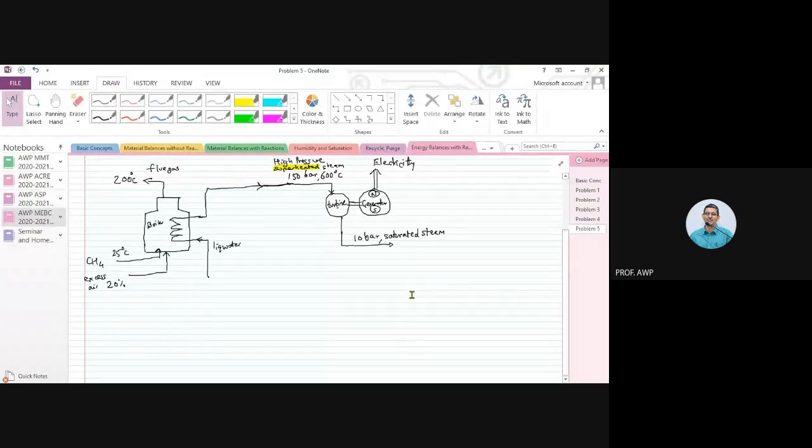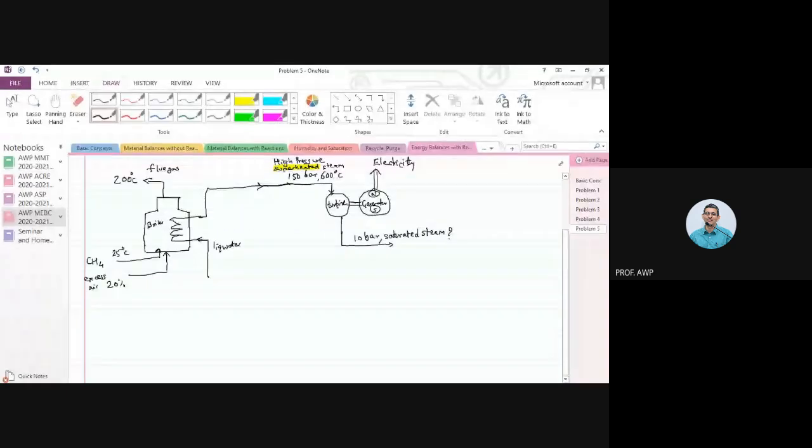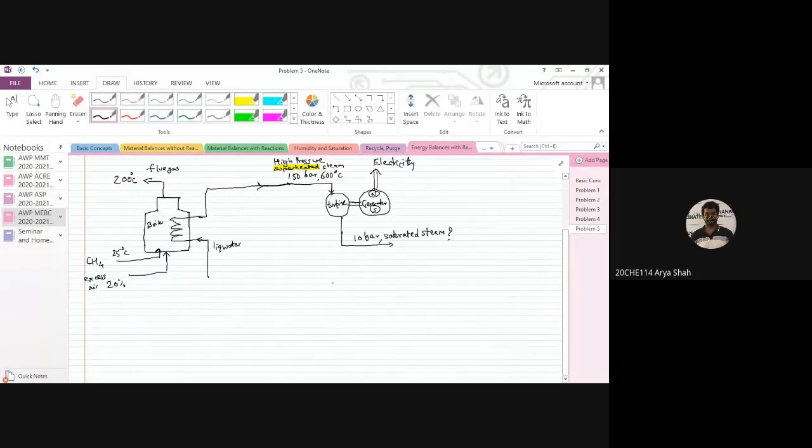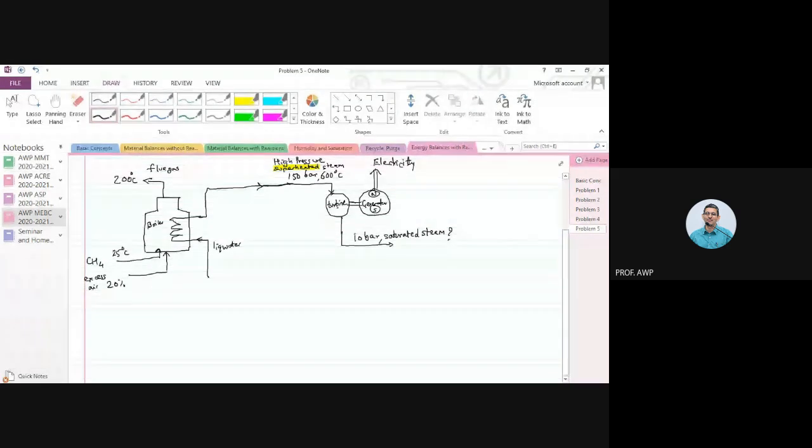Now, what will we do with this 10 bar saturated steam? What do you think we will do? So instead of supplying liquid water, we can send that steam only. Right. So now if you send the steam, then you will need to increase the pressure, right?